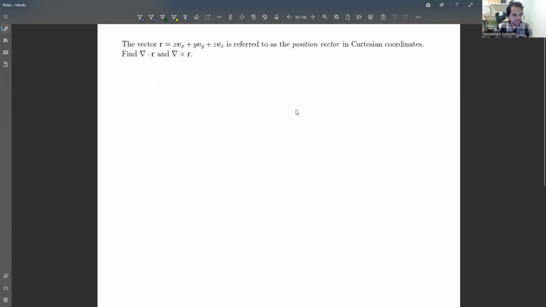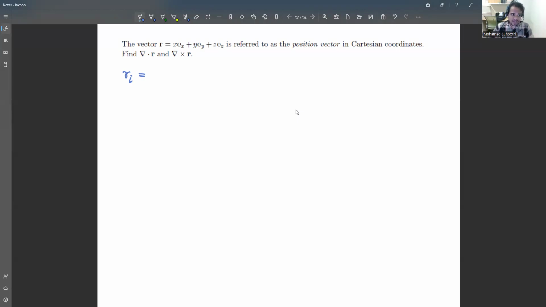Okay. So first, let me write our given vector in terms of index notation, right? I'm going to use index notation to solve this problem. You can solve it like our previous way, so divergent and curl, you can do manually. But I'm going to use index notation a lot for our model, therefore I use index notation here.